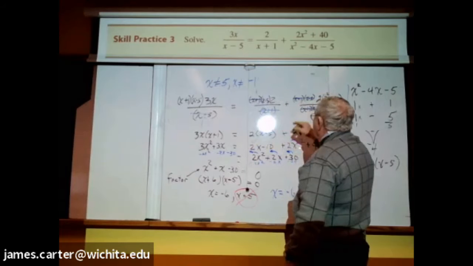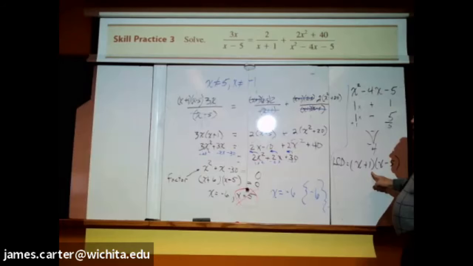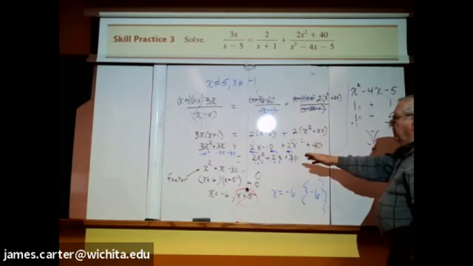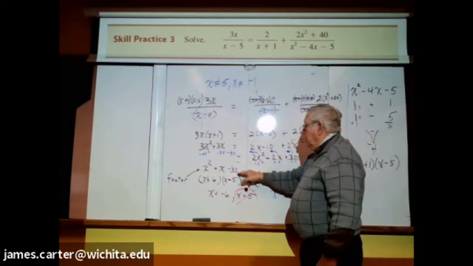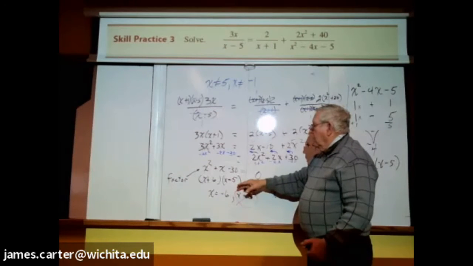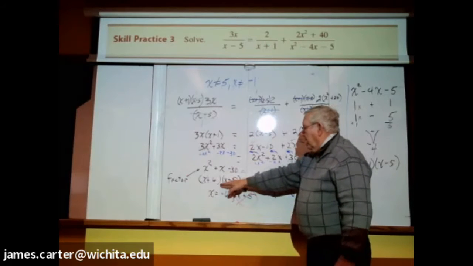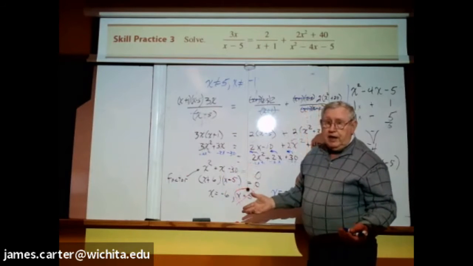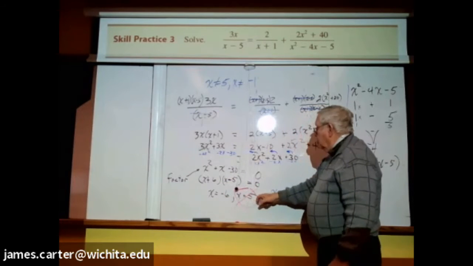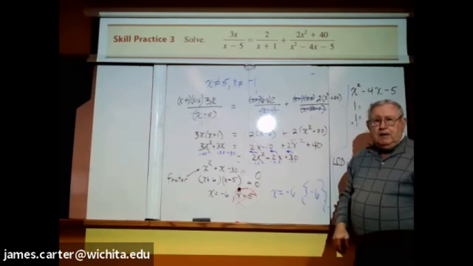Then the next step is to multiply every term by the least common denominator. Multiply out, distribute everything out, simplify it, and then most of the time you're going to have to factor again. Once in a while you might not have to, but you're going to have to factor or use the square roots property or something like that. Or maybe the quadratic formula. Well, anyway, this one did factor, and I got these two values. I evaluated that it could not be positive 5, so then I had my solution.